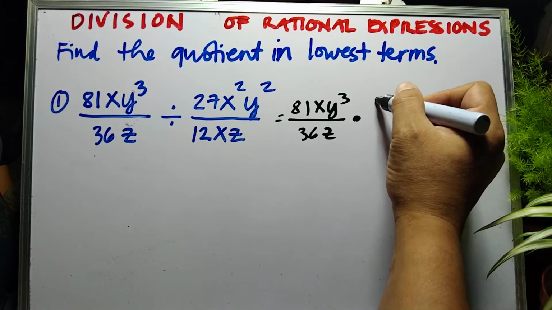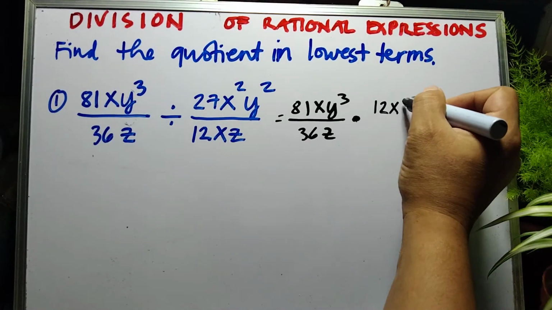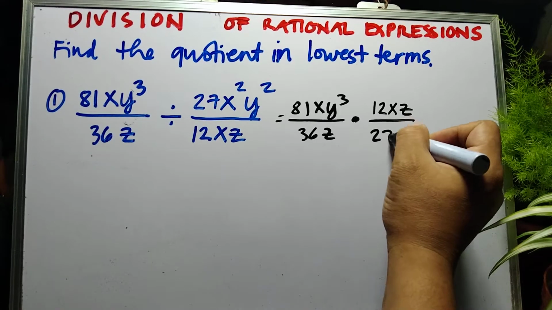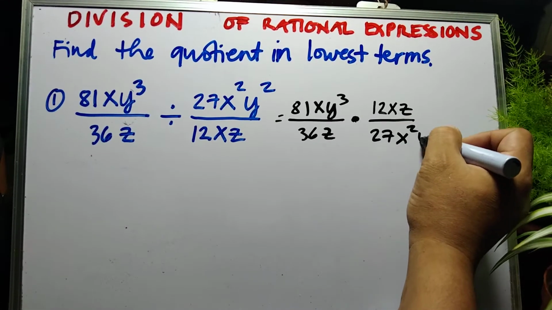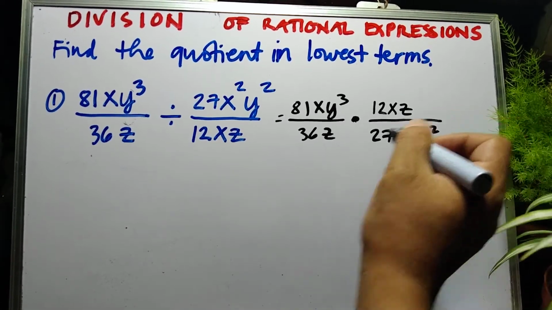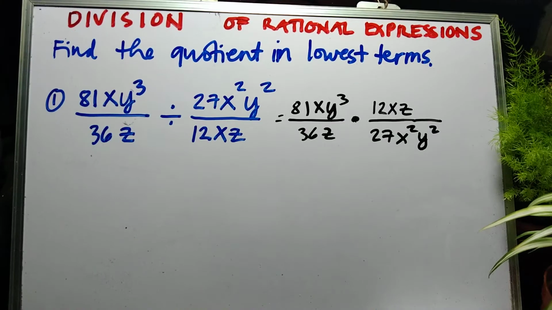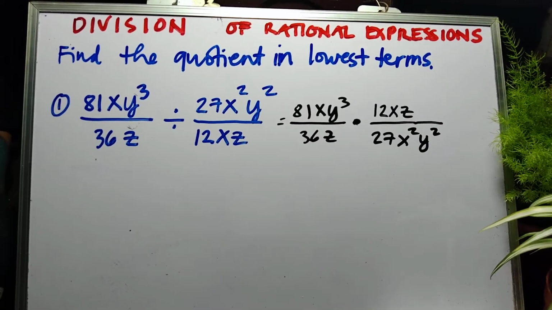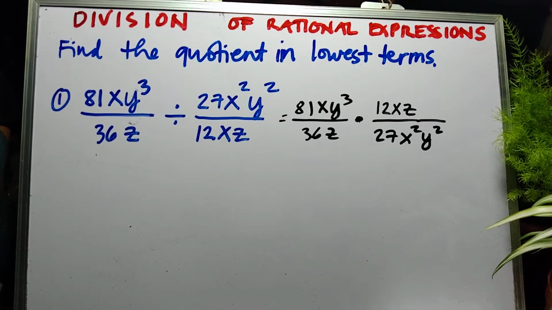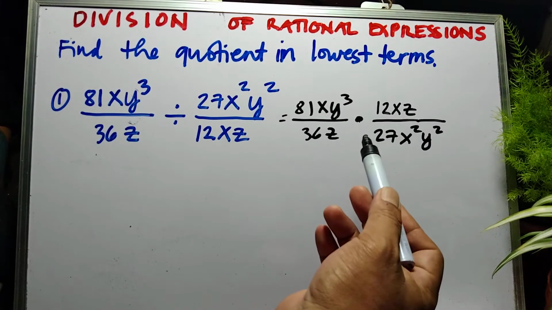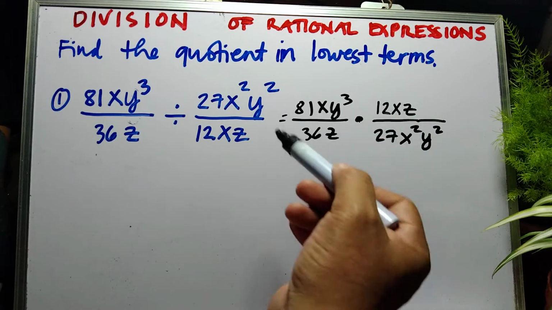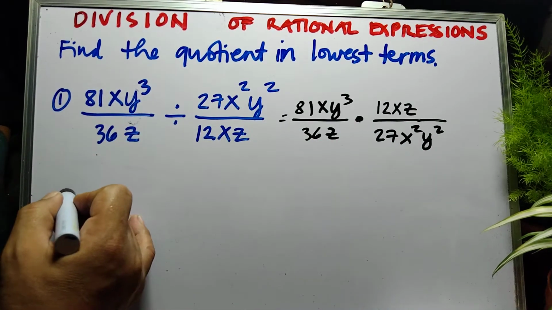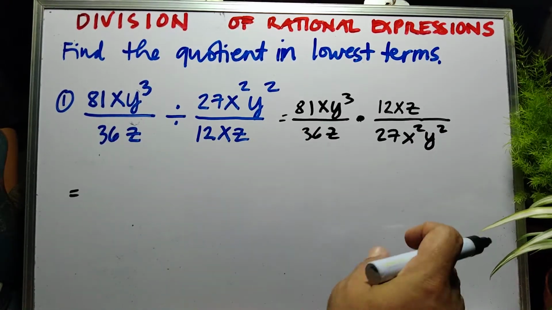So, this becomes 12xz over 27x squared y squared. It is just the same on how we solve fractions. So what's next? This is already a product. Madali na lang ito kasi product na ito.